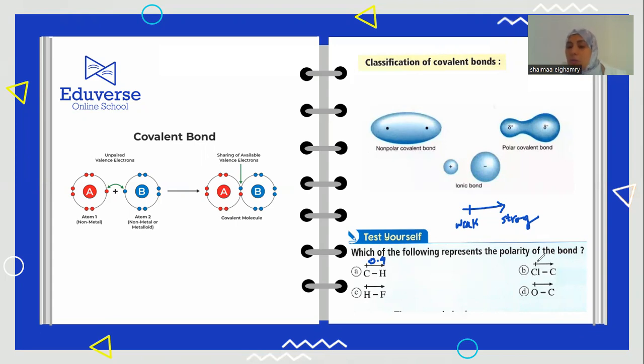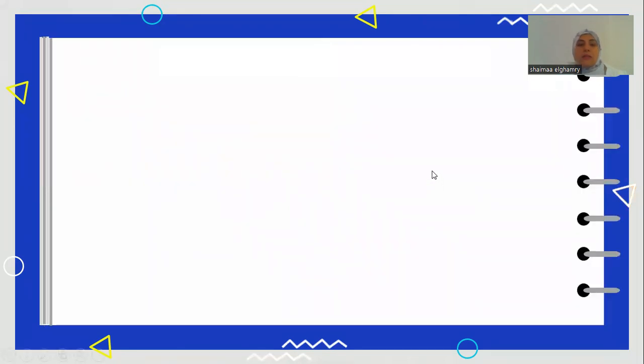But chlorine is higher in electronegativity than carbon, so chlorine withdraws the electron toward itself. So the direction of the arrow should be directed toward chlorine. So C is the correct choice, because fluorine has higher electronegativity, so it attracts electrons toward itself.